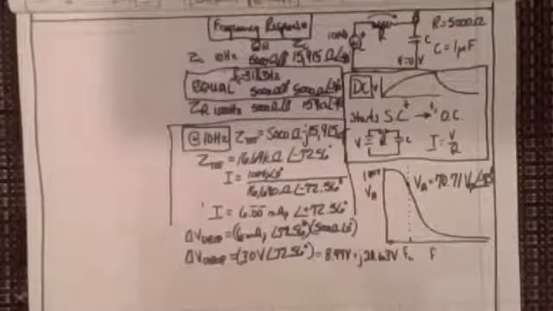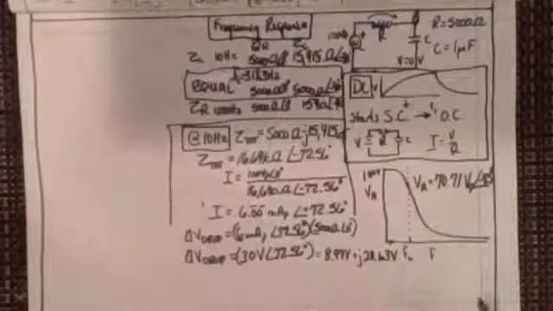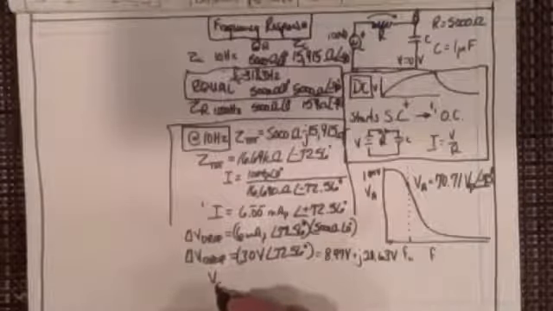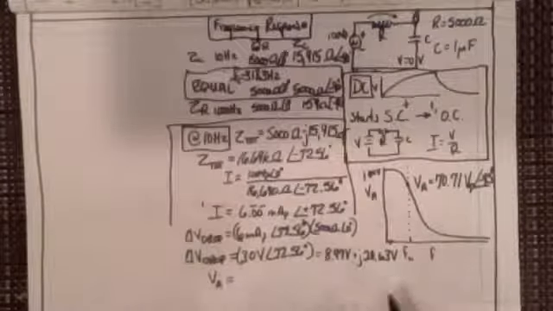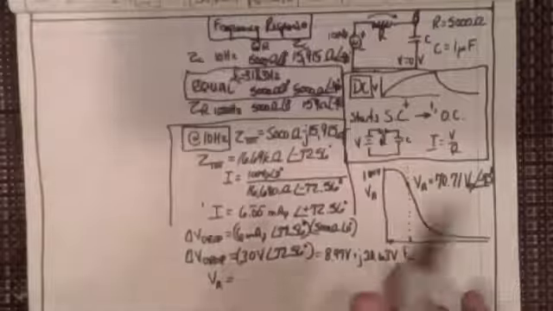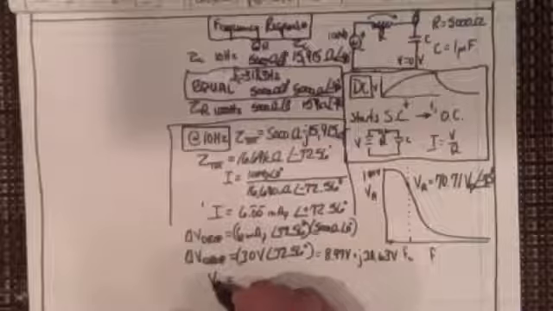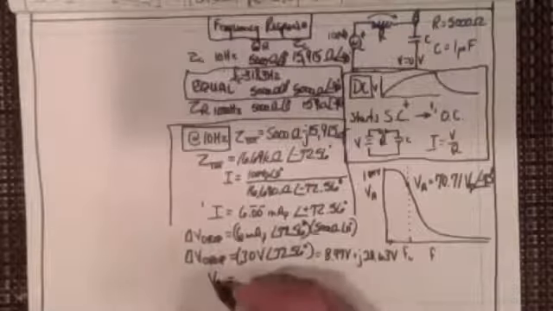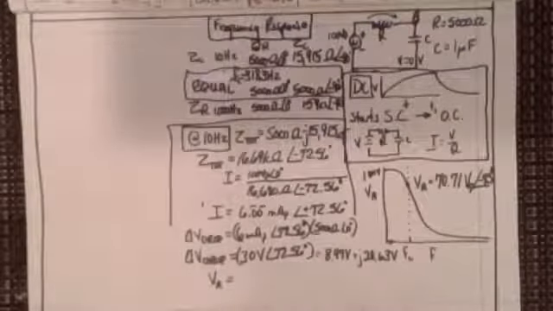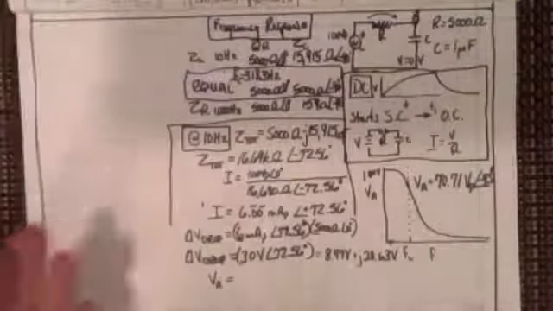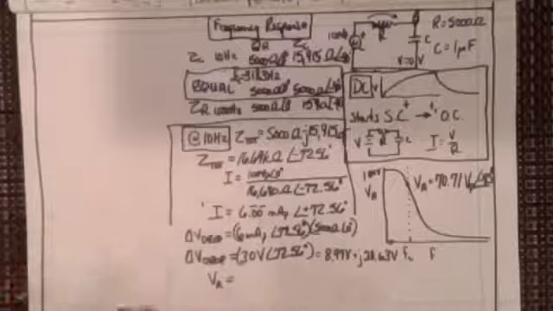That's my voltage drop across there, and that means the voltage at A is going to be, and this is what's going to surprise you, this is why I wanted to do it this way. I like to teach people like they're engineers, not like they're technicians. This is the math that separates us, isn't it?